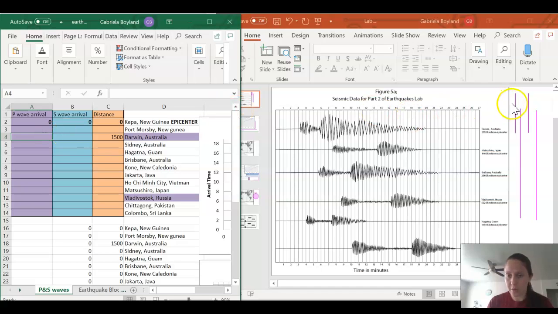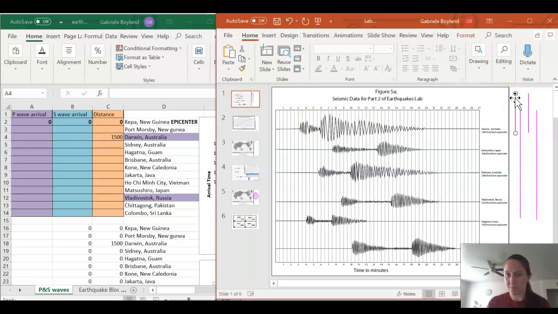So again, P wave is going to be the smaller amplitude waves that come first, arrive first. Hence why they're P, primary. So I already prepared this a little bit. Okay, so that's my P wave arrival time, and my S wave arrival time will be right there.